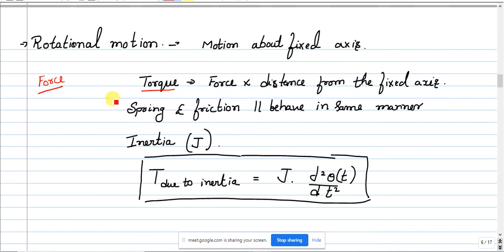And you need to keep in mind, spring and friction behave in the same manner whether it is translational or rotational motion. We measure torque due to inertia, that is J into d square theta of t by dt square. What is this theta of t? We call this angular displacement.